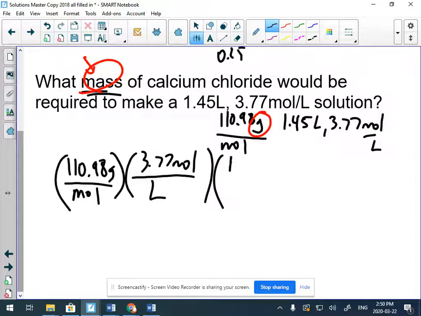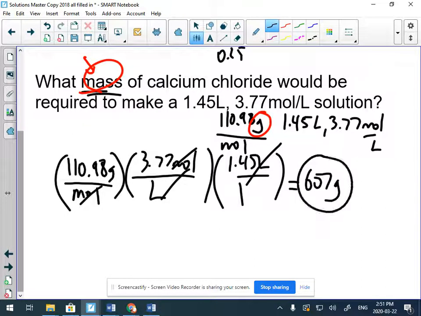And then 1.45 liters over 1. Liters cancel, moles cancel moles, just like all of the other unit analysis that we've done. So we multiply out the top: 110.98 times 3.77 times 1.45. My mass to 3 sig figs works out to be 607 grams.